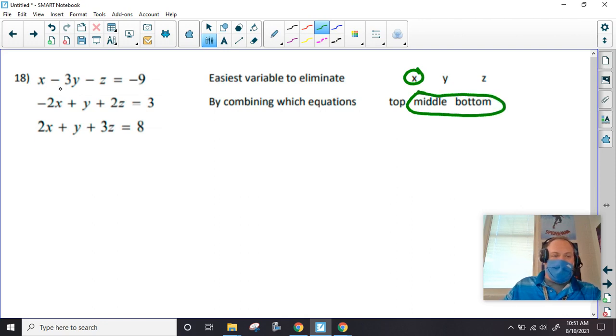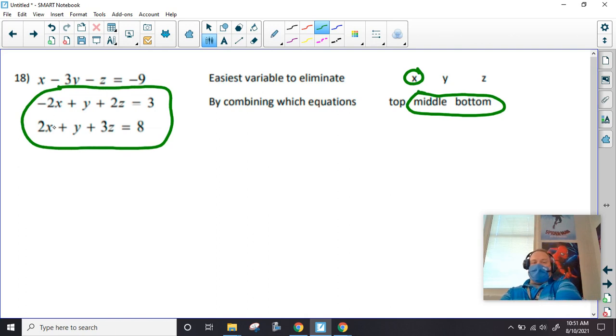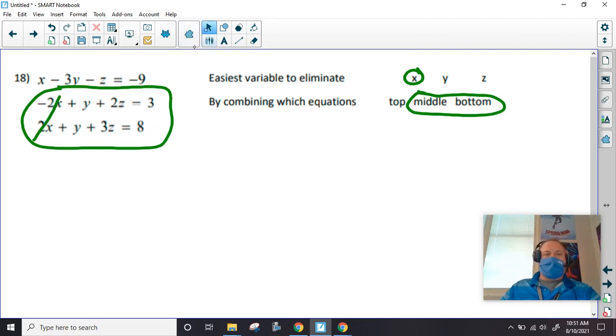And the reason why, if you look at this, you don't have to multiply any of this by anything. You can combine and the X's will cancel really easy. When I'm saying easiest, I mean you don't have to multiply anything. They're automatically same number, different signs.